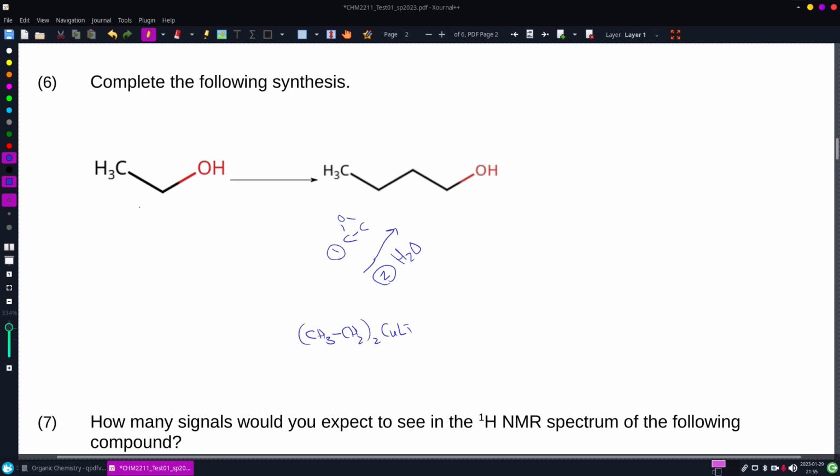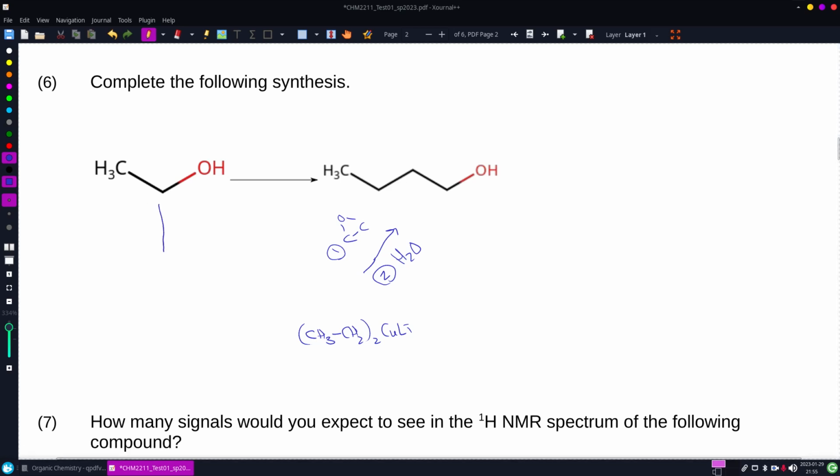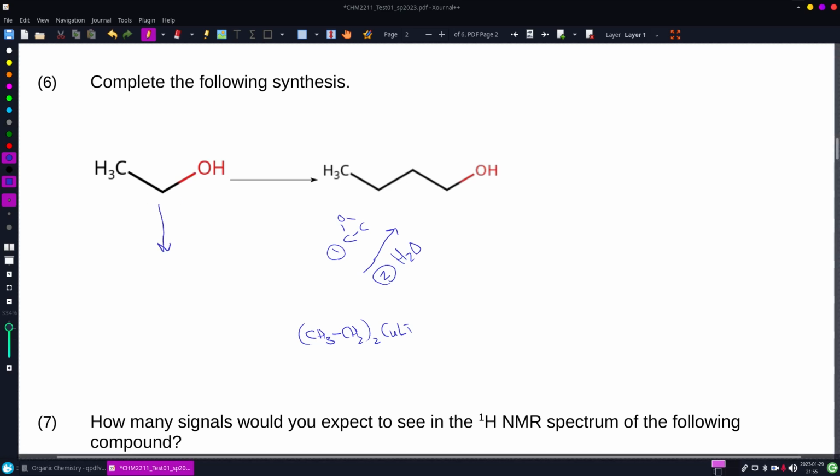So I just need to turn this into copper lithium. All right, I can't do that with an alcohol. So I'm going to back up to our alcohols chapter and turn this into an alkyl halide. And chlorine would be fine.